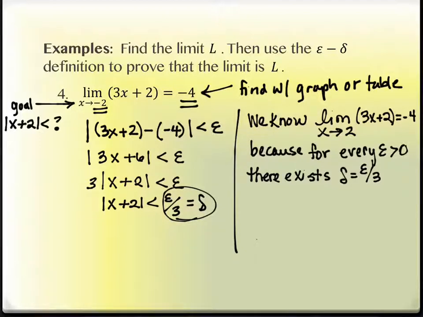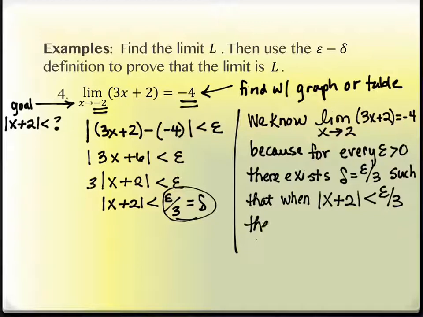For every epsilon, we started with epsilon, I found a delta such that when the absolute value of x plus 2 is less than that delta or epsilon over 3, I don't care which one you write there, then the absolute value of 3x plus 2 minus my negative 4 is less than epsilon. And it absolutely always looks like that.